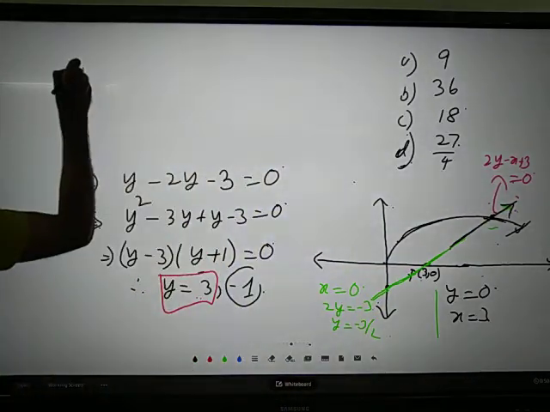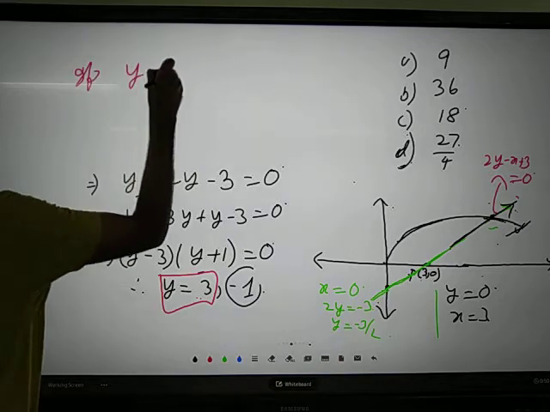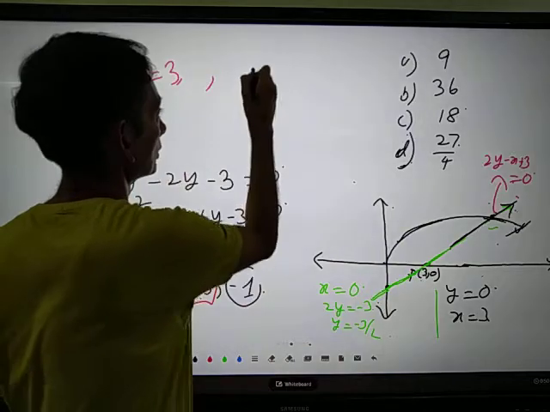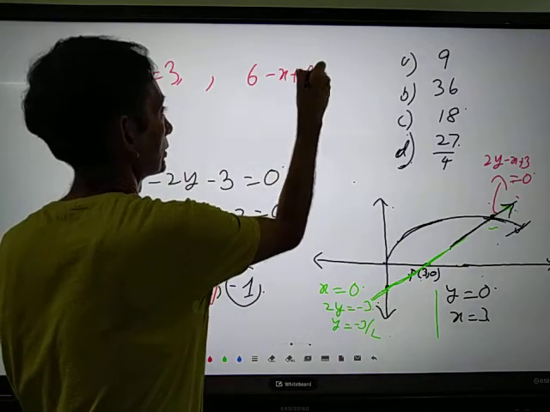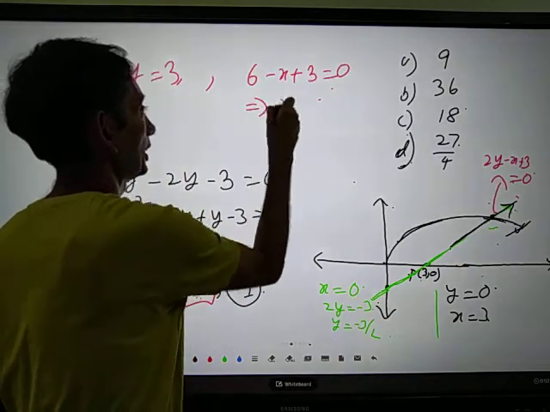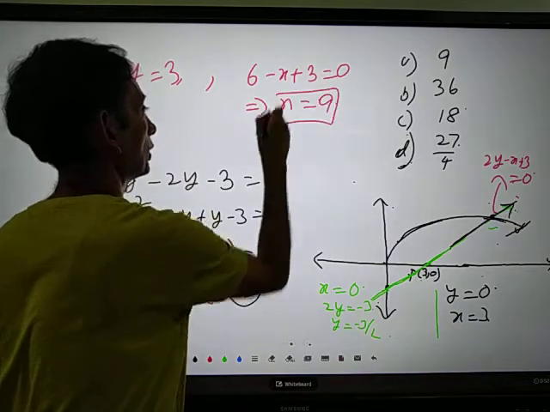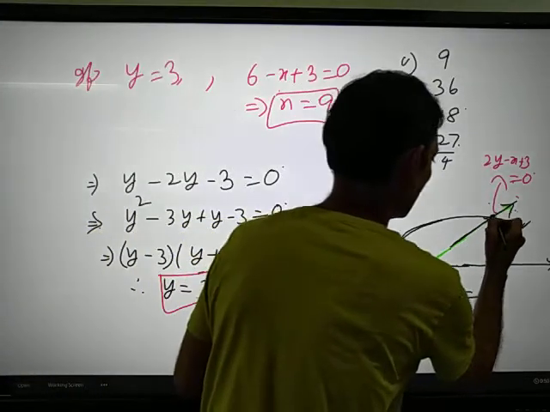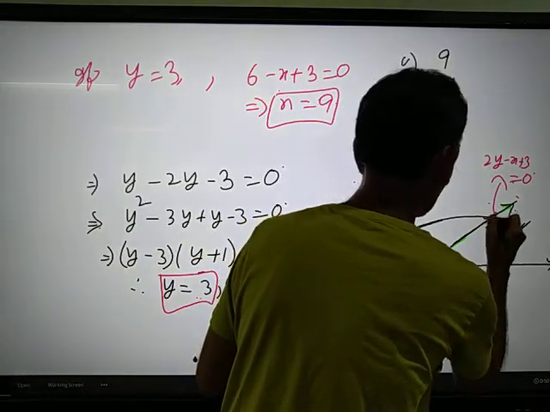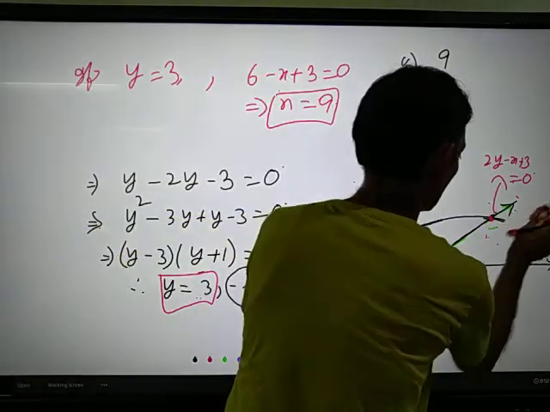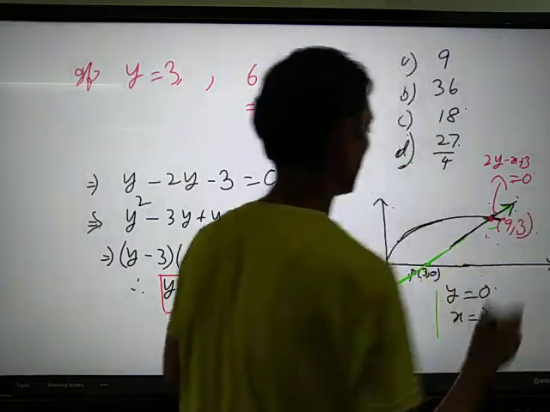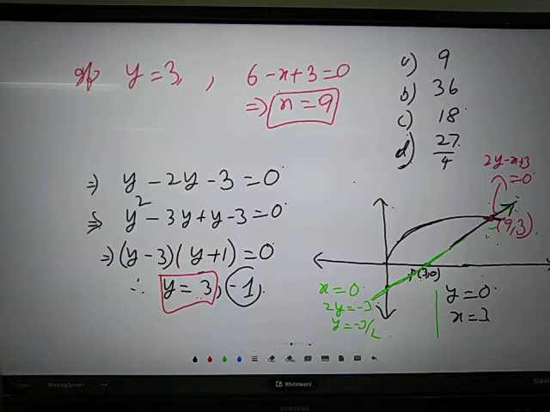So if y equal to 3, you substitute y equal to 3, then it will be 6 minus x plus 3 equal to 0. This gives you x equal to 9. So you got the value of x equal to 9. So this is x equal to 9, this point, we'll mark this point. That is most important.